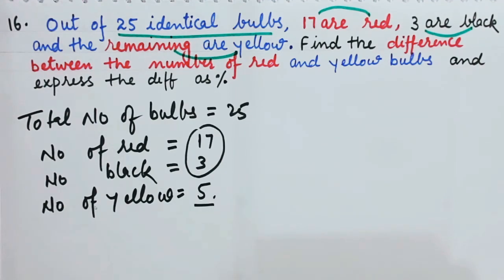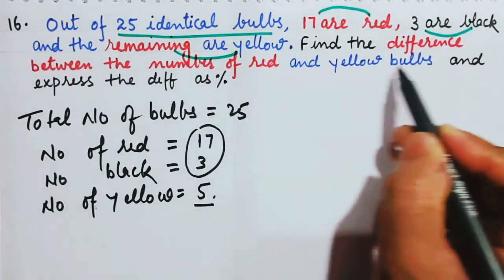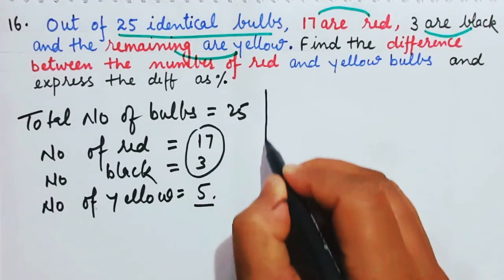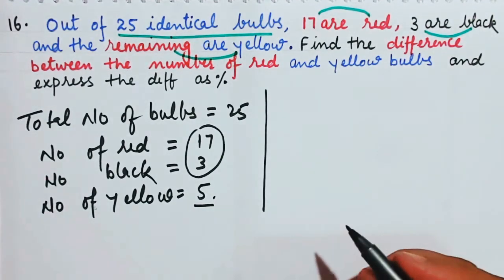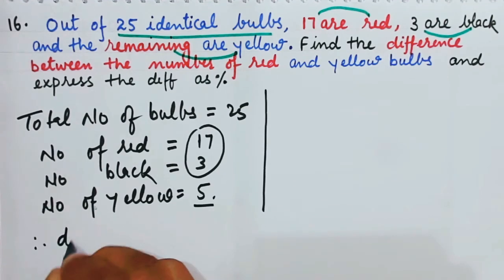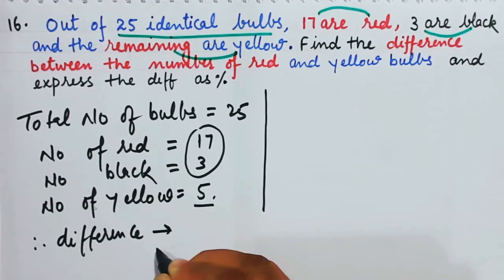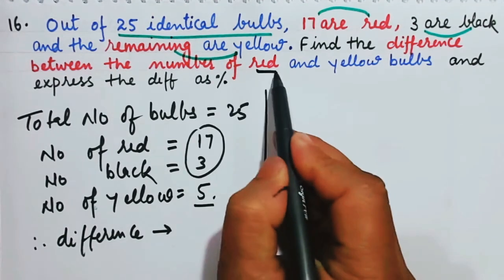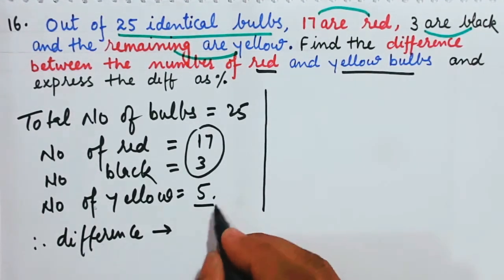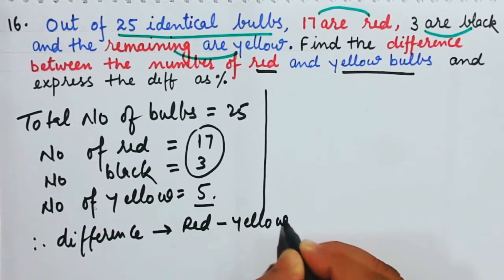Okay. Now find the difference between number of red and yellow bulbs. As they are saying, we are acting in the same way. Therefore, difference between the red and yellow bulbs, red minus yellow.